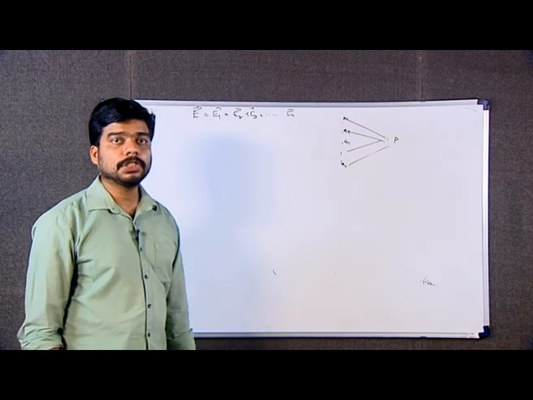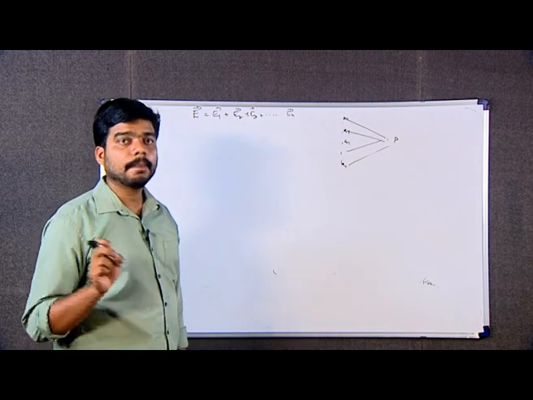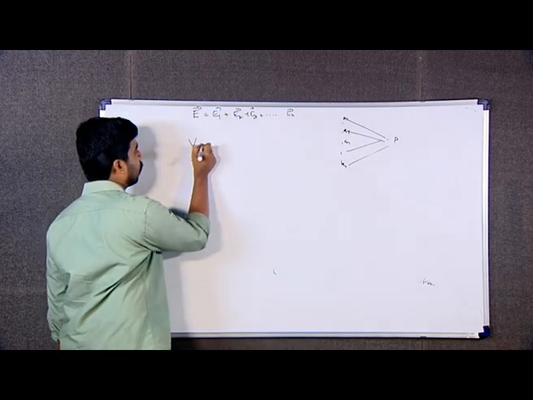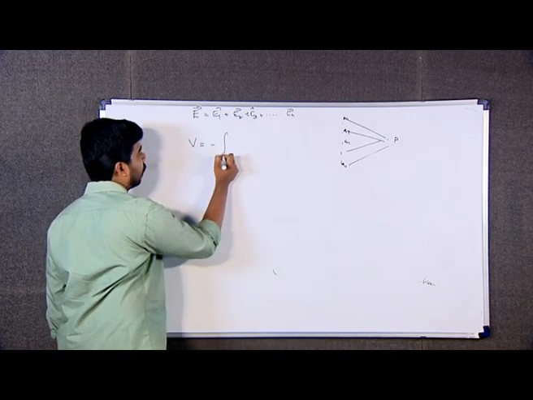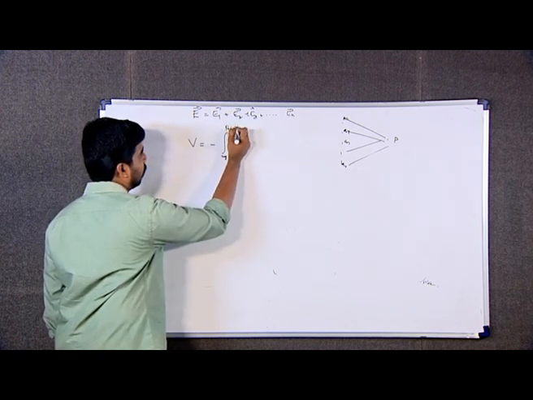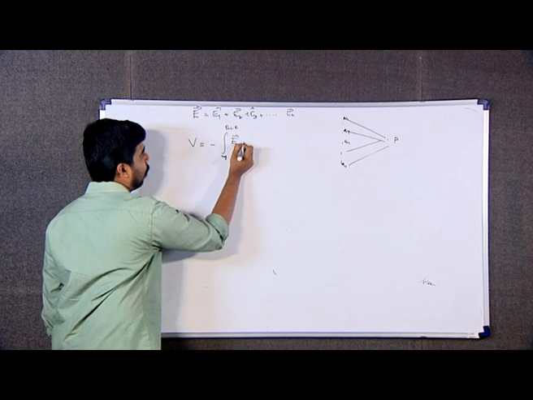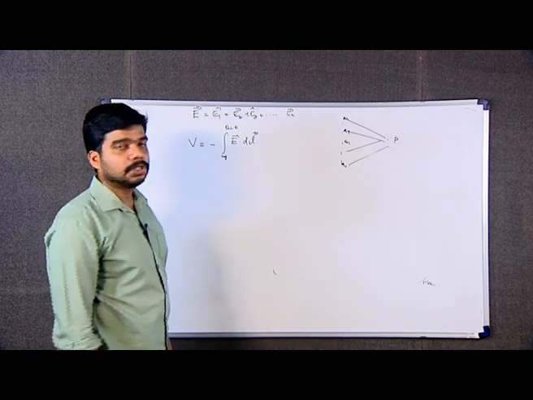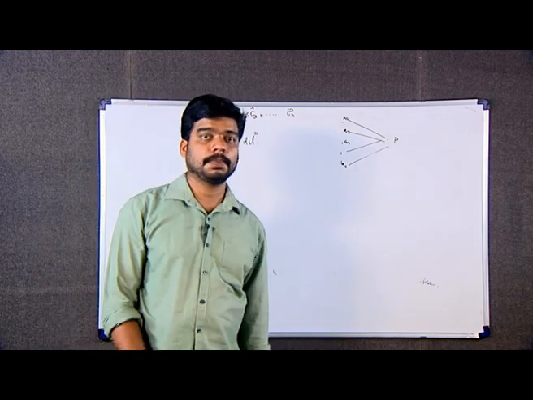This we are discussing in the superposition principle. So, what is the potential produced at the point P? The potential produced, V, the general expression is equal to minus integral from the reference point to the point, of the electric field E dot dl. This is the general expression for the potential.